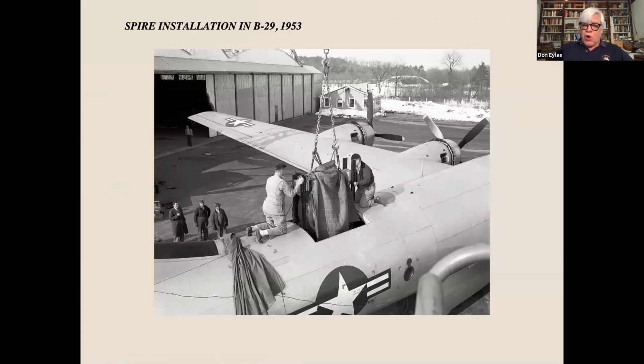He and his group moved on to considering the problems of inertial guidance per se. And this is in 1953 when the SPIRE, that stands for Space Inertial Reference Equipment, is being installed in MIT's B-29 bomber for a flight across the country, which proved that navigating that way could be done.